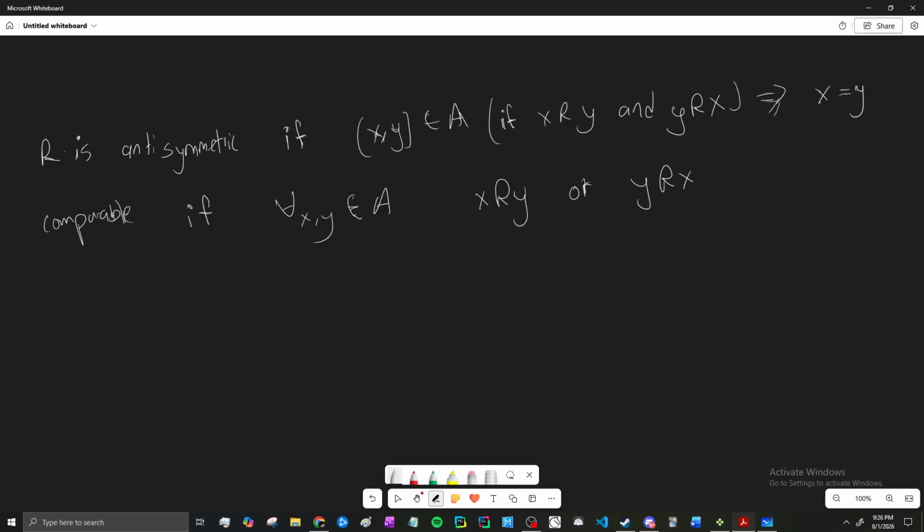Okay, so now that we got that settled, which is anti-symmetric?